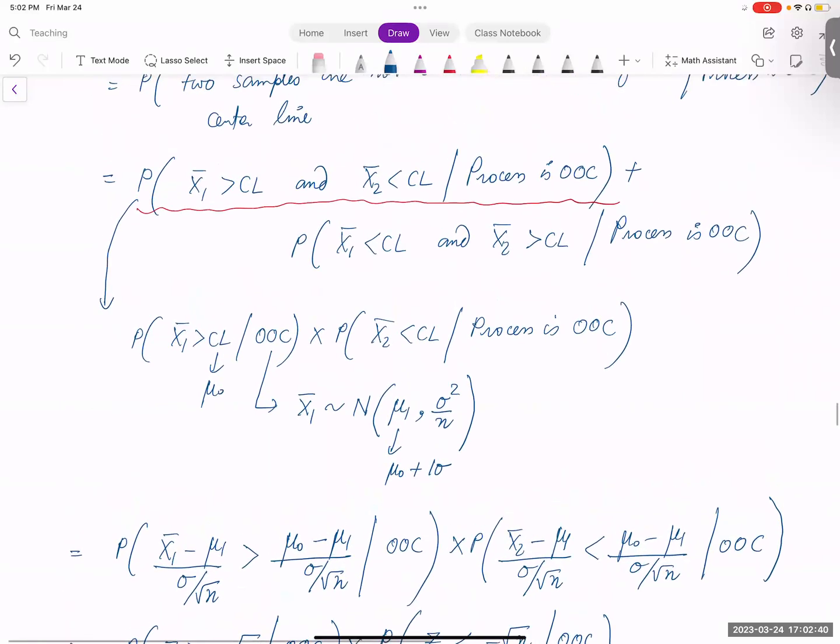If you remember, we still have the second term, but what we know about the second term is that it is the same as the first term because x1 and x2 are identically distributed with each other. Right? I know the signs are flipped, but that doesn't matter because x1 and x2 are identical to each other.